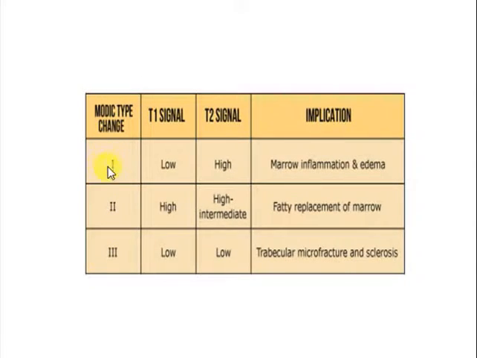In type 1, because it's edema, it will be hypointense on T1 and hyperintense on T2. In type 2, because it's fat, it will be hyperintense on T1 and T2 weighted images. And in type 3, because it's sclerosis or calcification, it will be low on T1 and on T2.